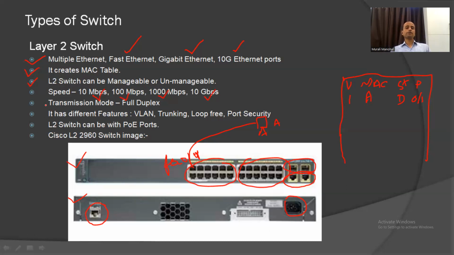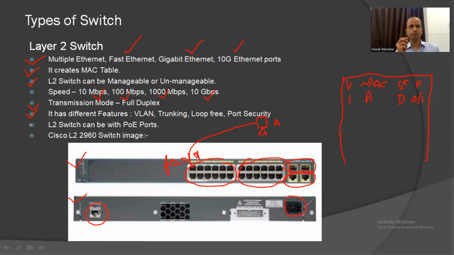Now, if we talk about the transmission mode, this switch works in full duplex. We have already discussed full duplex mode in the last few videos. Full duplex mode means a node can send and receive data at the same time. Fine.